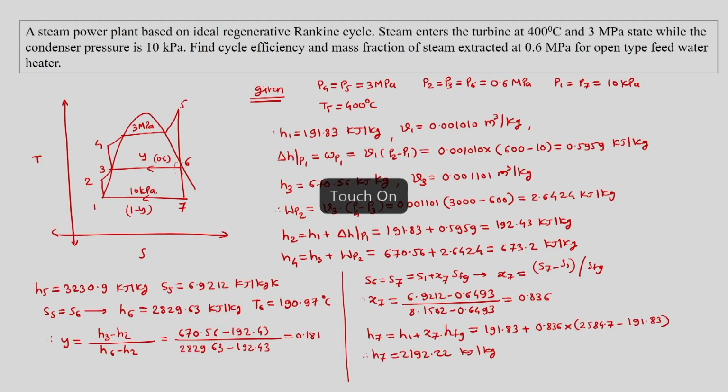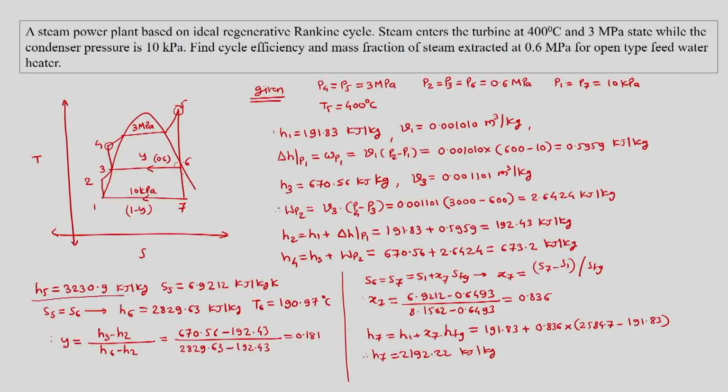Now we can find the efficiency of the plant, and for that we need to find Q in, and Q in is equal to H5 minus H4, which is 3230.9 minus 673.20. We should remember that the heat added is between these two states, where H5 is the enthalpy at the outlet of the boiler and H4 is the enthalpy at the inlet to the boiler.